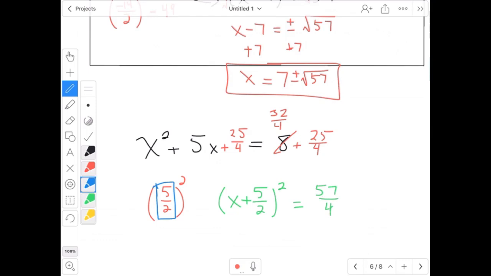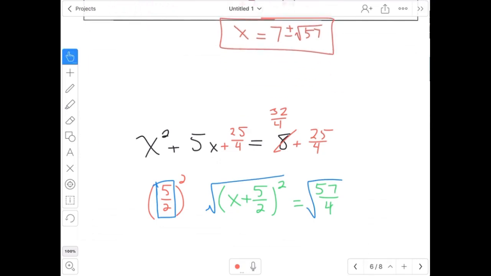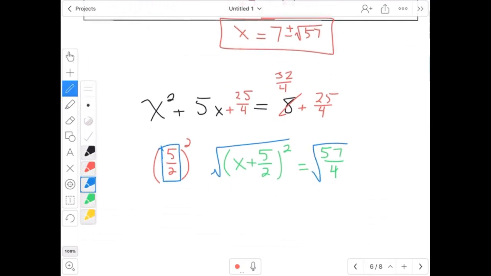Now on both sides here, I need to square root. I'm going to get rid of that green because that's a little bright. So we have x plus 5 halves is equal to, don't forget your plus or minus, square root of 57 over 2.